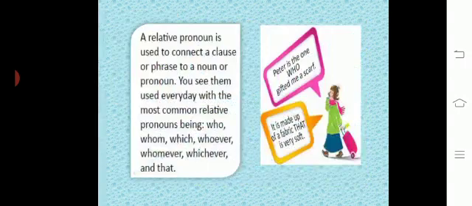Let's revise it once again. See, Peter is the one who gifted me a scarf. Now, who refers to Peter? Correct. It is made up of a fabric that is very soft. See the word that is highlighted because it's a relative pronoun. Then what is that? It's a fabric.